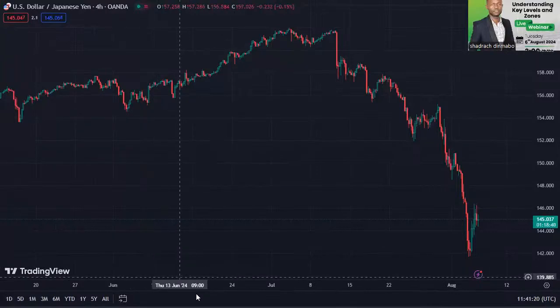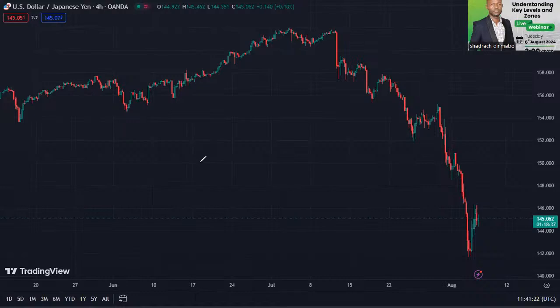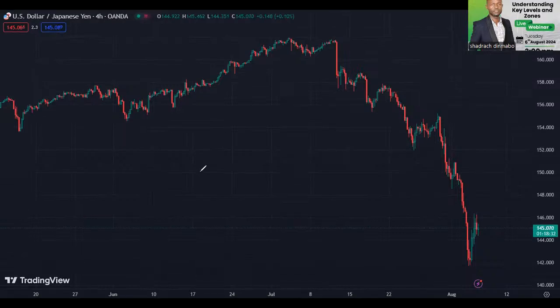My concept of key levels is this, because of course different people probably have different concepts of key levels. This is my own concept.